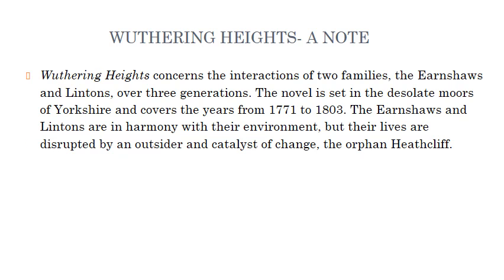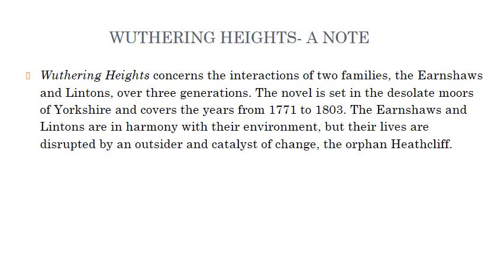Now you are introduced into the novel. It's a brief note about the novel you are going to be introduced to in this session. As I told you, Wuthering Heights is concerned with two families.